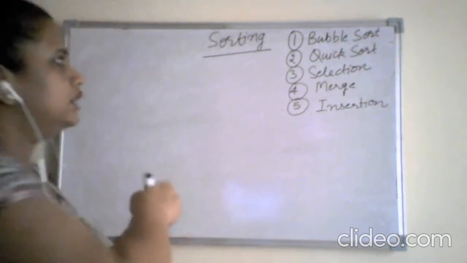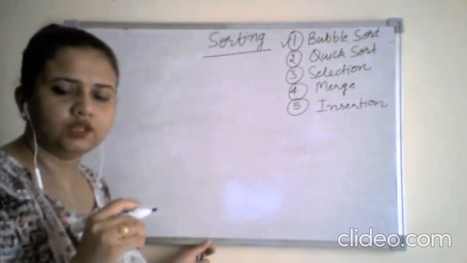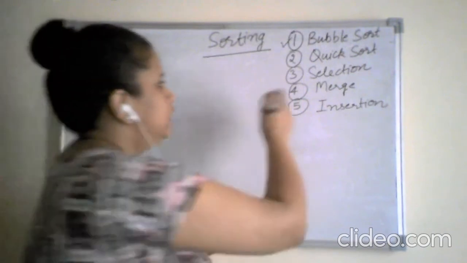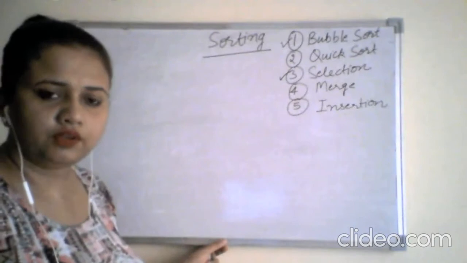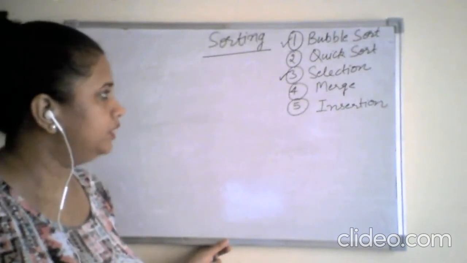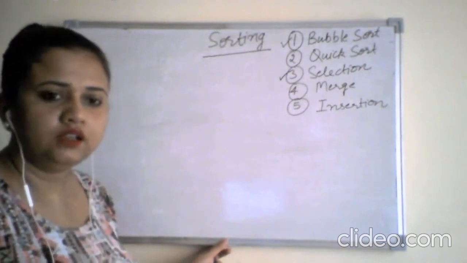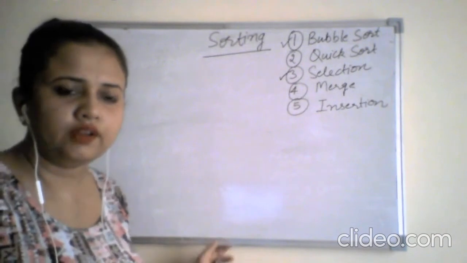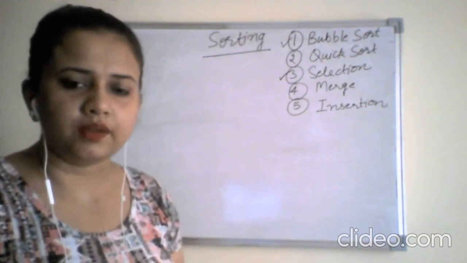Right? In the last class we already discussed bubble sort, how it works, and what the algorithm for it is. Along with that we did selection sort also, where we saw how we can sort the data by comparing the corresponding data items in such a way that by the end of your pass your data will be in sorted manner.